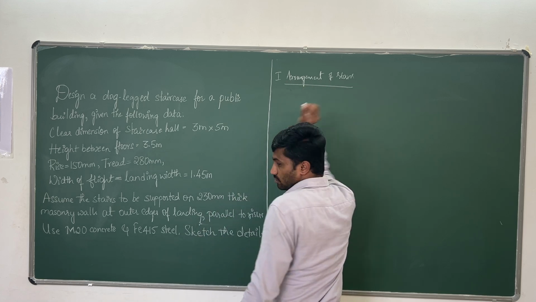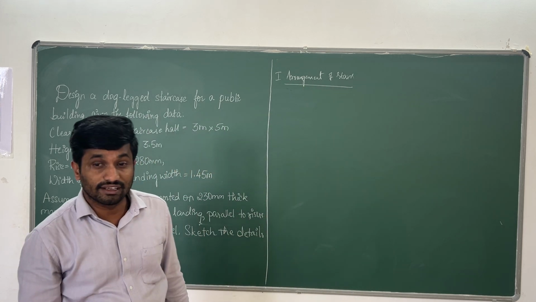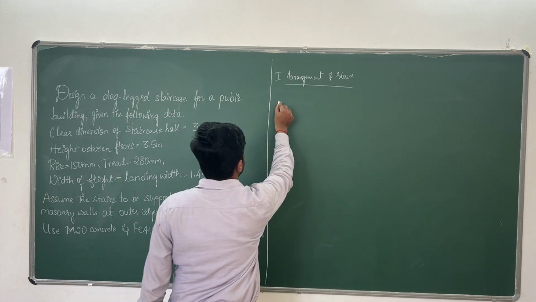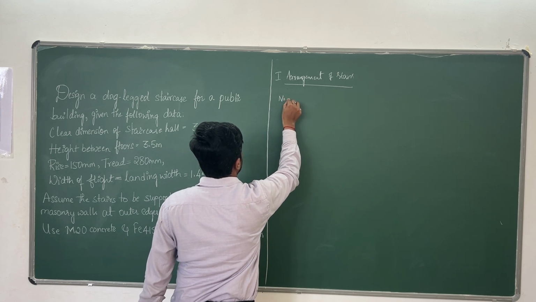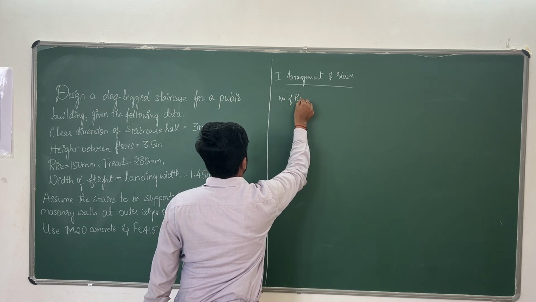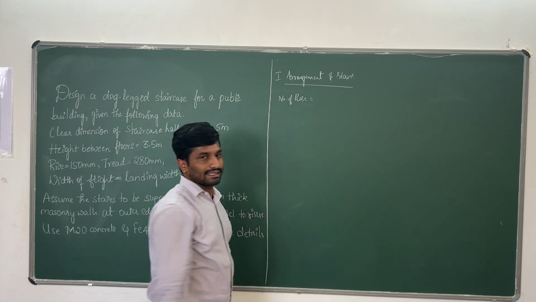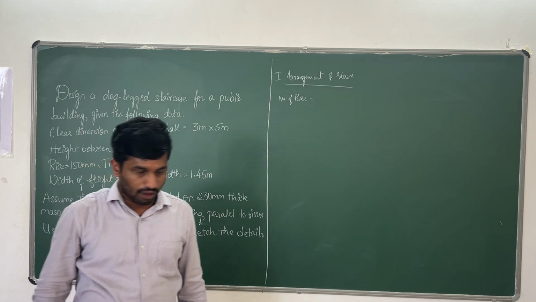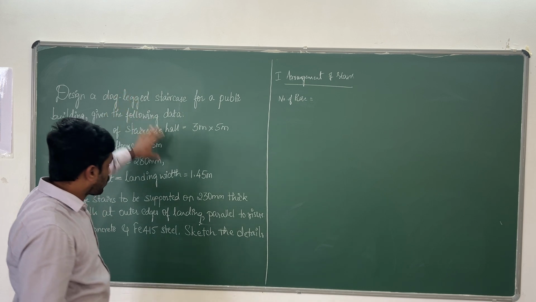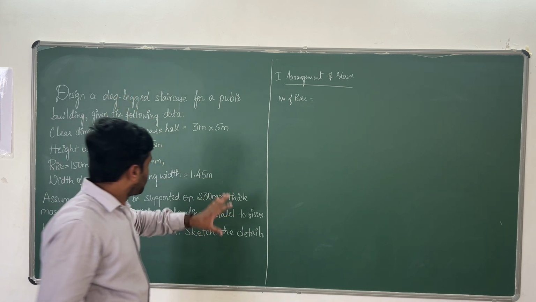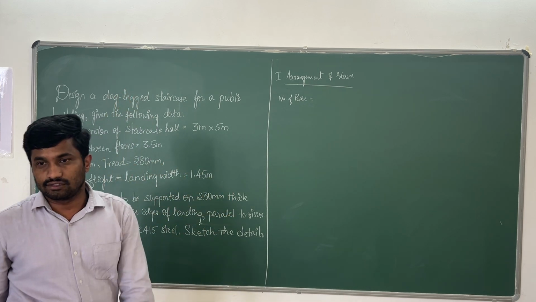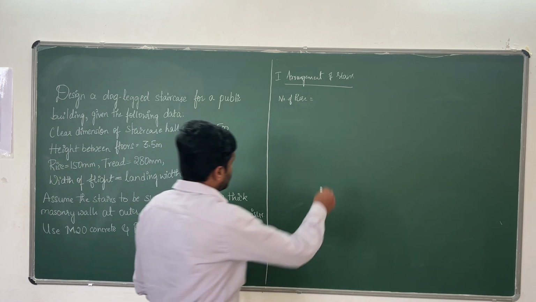How to compute the number of rises? For the calculation, we know the floor height, so number of rises equals floor height divided by rise.